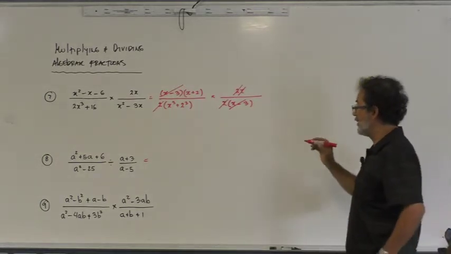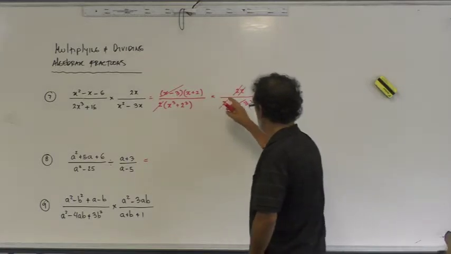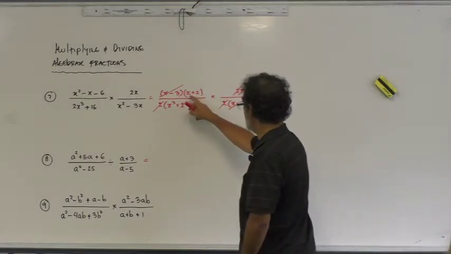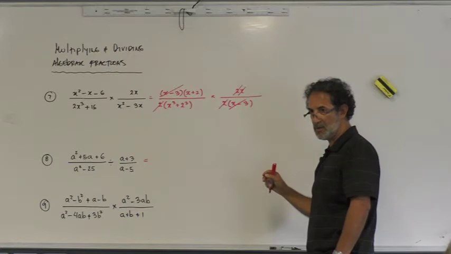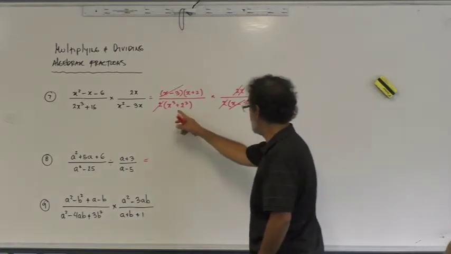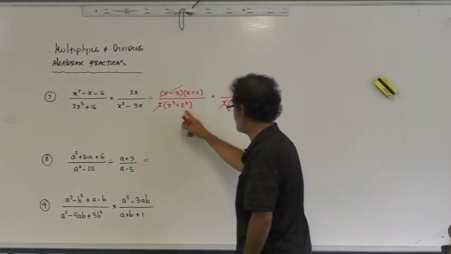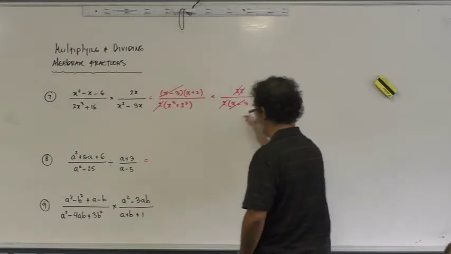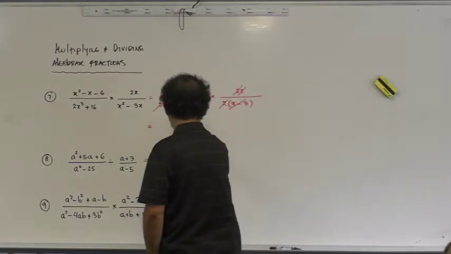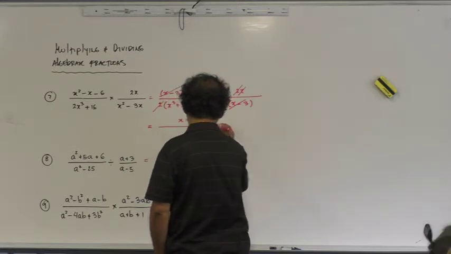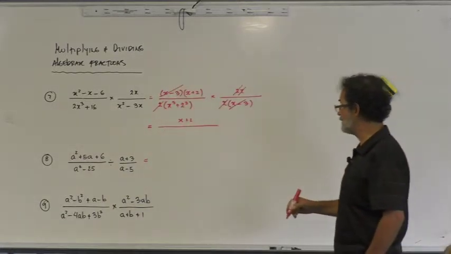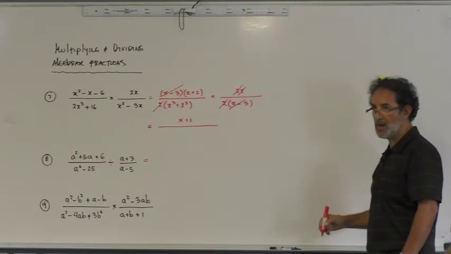All right, and now we're going to be careful. So we have x plus 2 on top, and at the bottom we have the sum of 2 cubed, so we're going to write it down. On top we have x plus 2 left, and then at the bottom we have the addition of 2 cubes.